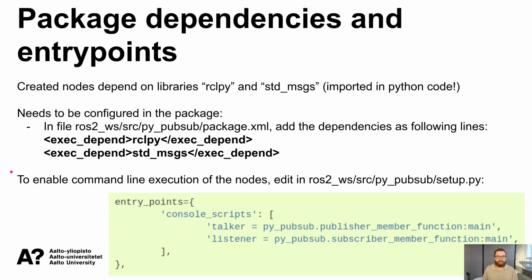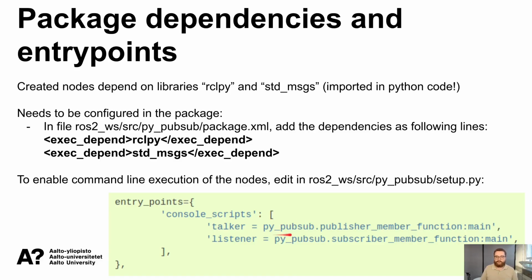Then to the entry points, or how to make these executable so that you can actually run them. This is something that you need to insert into setup.py. So there you need to define these entry points. You can see that we have the package name. Under console scripts, we are defining which nodes we can execute from the console.